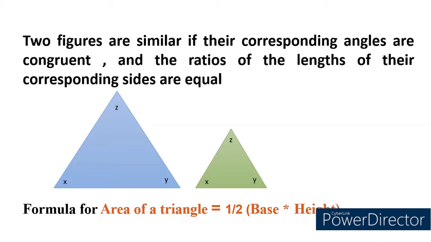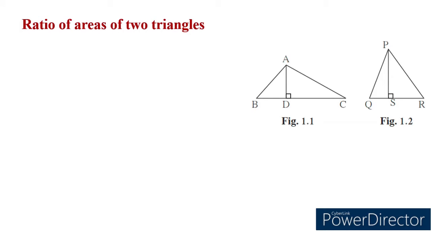Now friends, we know that the area of a triangle is nothing but 1 by 2 into base into height. The same formula will be used for the next topic called ratio of areas of two triangles. Here we are going to consider two triangles and find the ratio of them.